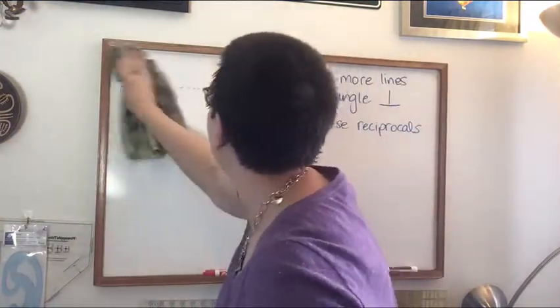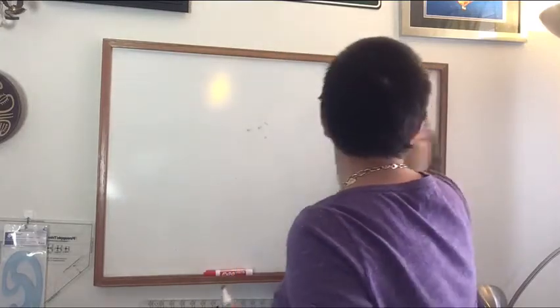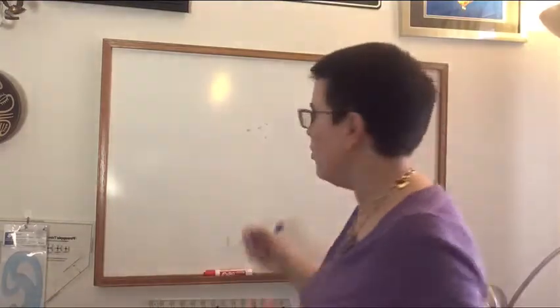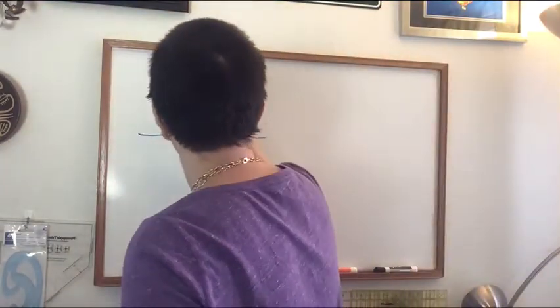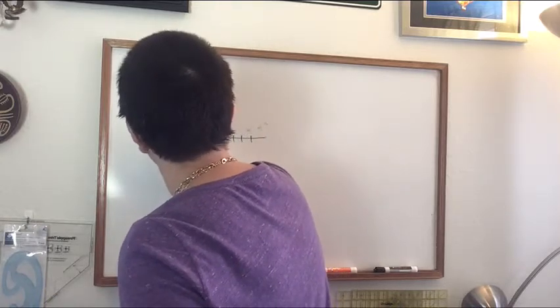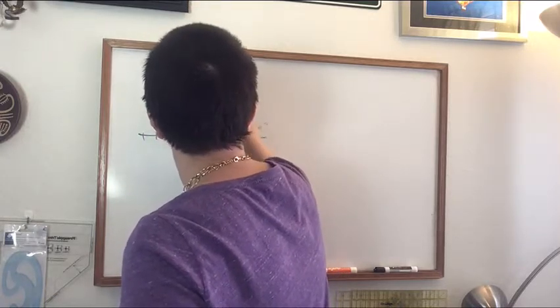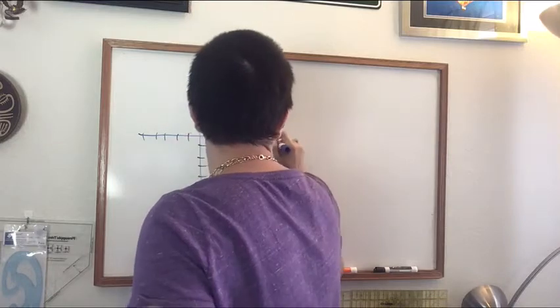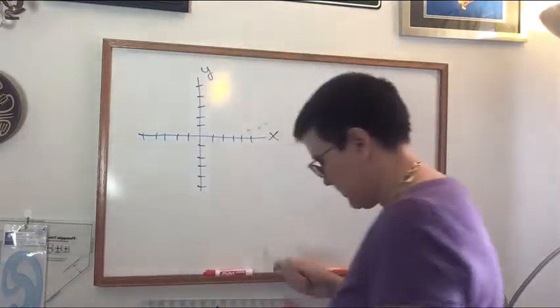So let's go ahead and draw some perpendicular lines, and let's determine whether they're really perpendicular or not. All right, so. Can I draw some? No, thank you, sir. I appreciate the offer, though. There's my x-axis and my y-axis.